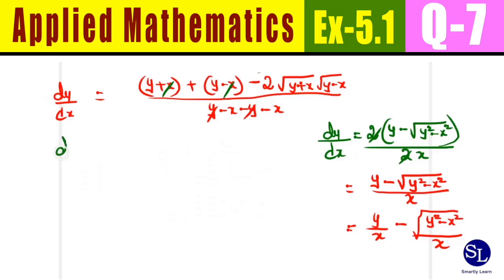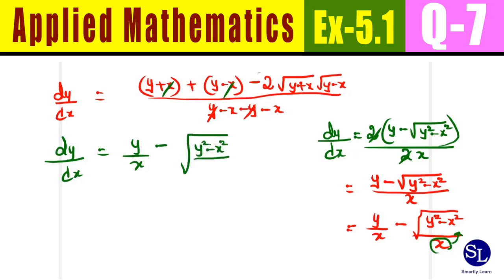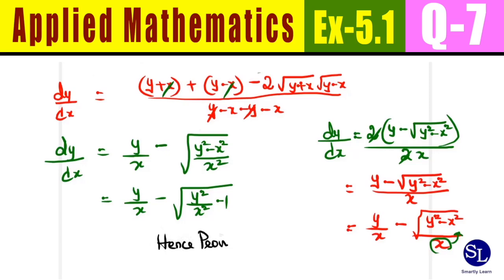So in this case, it is dy by dx is equal to y by x minus, when simply x enters the root, it will become x squared. So this is y square minus x squared divided by x squared. So this is y by x minus root of y square by x square minus 1. This is what they were asking us to prove. So we did that. So hence proved.